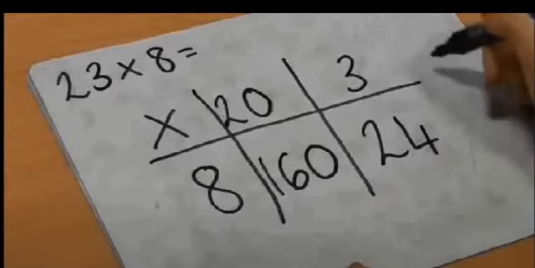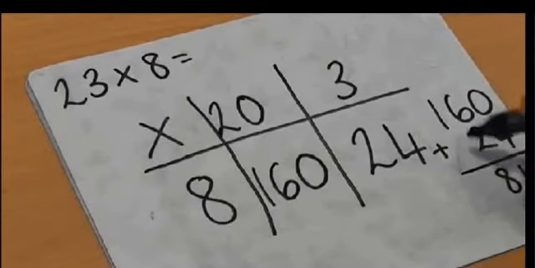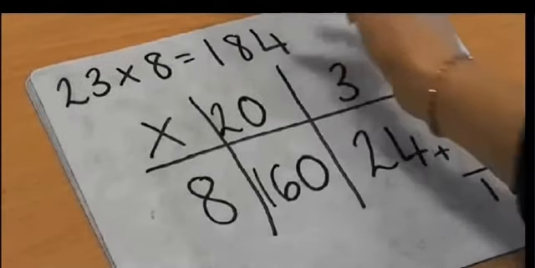So learners, tell me, 160 plus 24 is how much? Great job! 160 plus 24 is equal to 184. So our final answer for 23 times 8 is equal to 184.